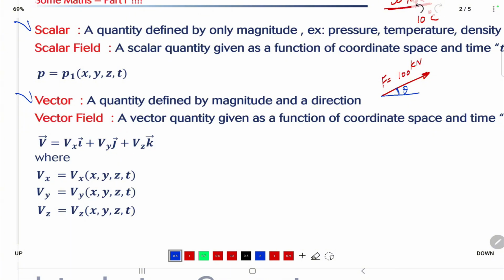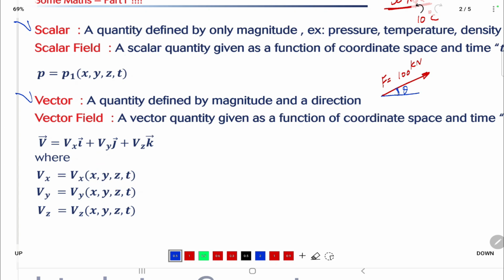I, J, K are also vectors. So each vector in space is described by three components. One is V sub x, the second is V sub y, and the third is V sub z. Okay, where V sub x depends on x, y, z, and t.